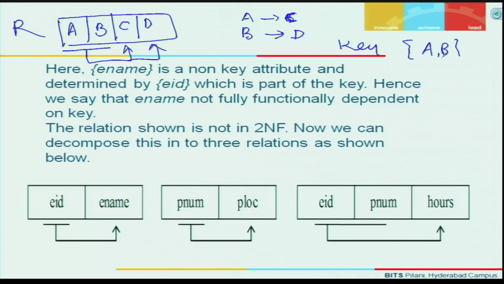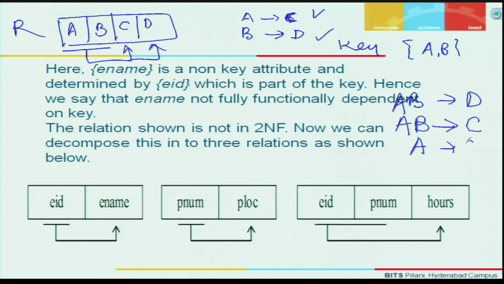Now having identified the key, check whether it is in second normal form or not. Take the functional dependency AB determines C, because AB is the key. By default, the key determines all other attributes. Similarly, AB determines D. And what are the other original functional dependencies given?